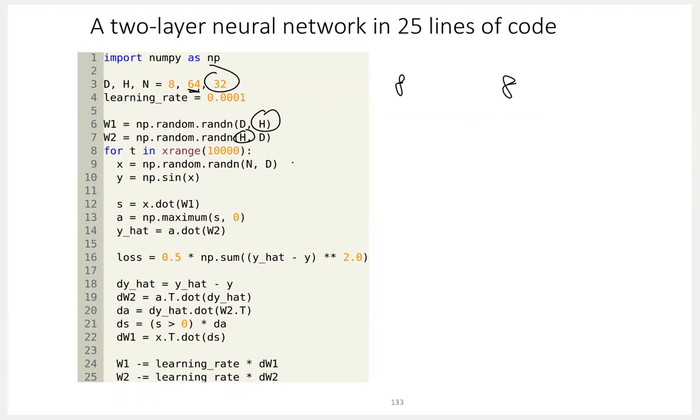So what we're trying to do is build a very simple little layer like this. So H is 64, so I have 64 hidden units here. Maybe I draw it with circles. So I have 64 of them.